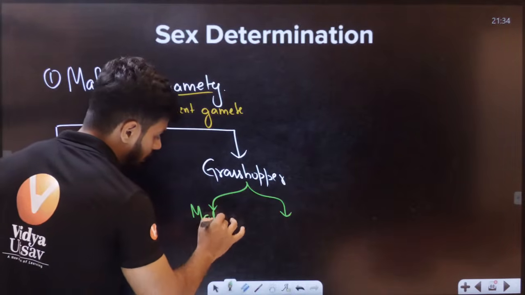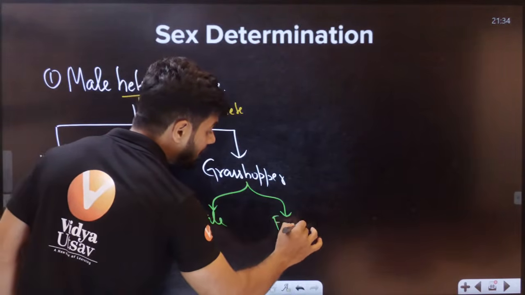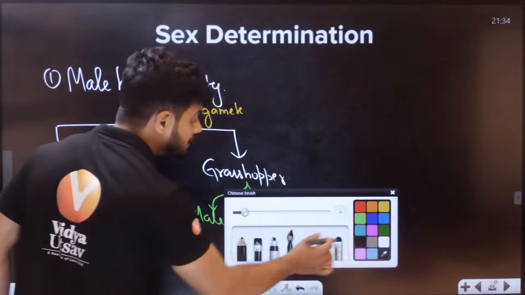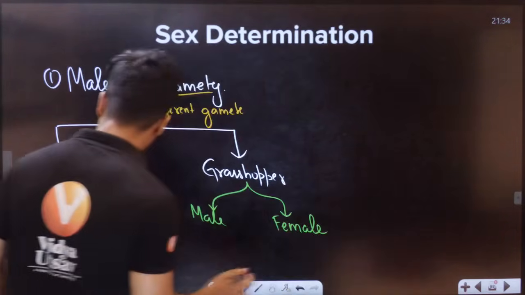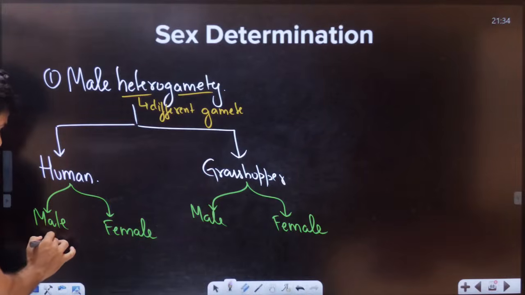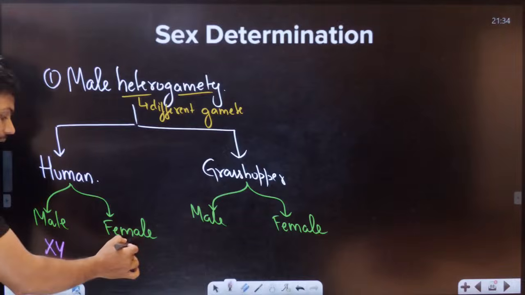In the case of male heterogamety, it is always the males which have two different types of chromosomes, while the female has only XX.